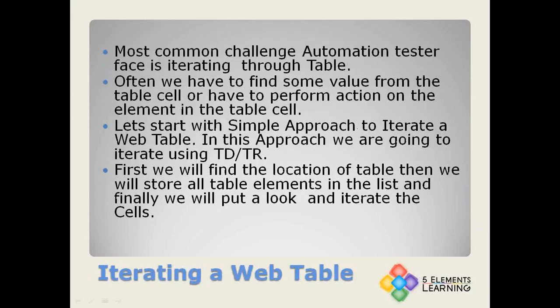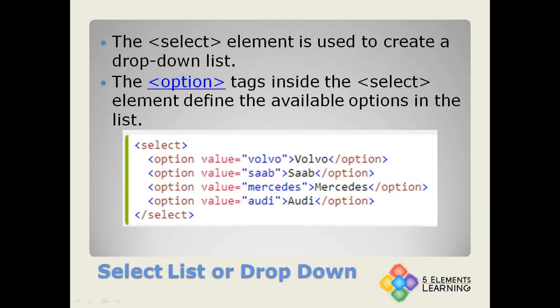So the next element of our interest is basically a drop-down list. So a drop-down list is represented with the help of a select tag in the HTML. Okay. And inside the select you have got these option tags available.